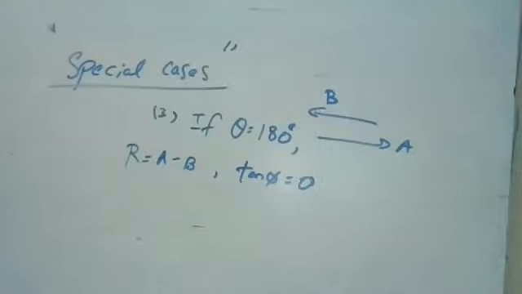Okay, first problem. Two vectors, both equal in magnitude, have their resultant equal in magnitude to either vector.